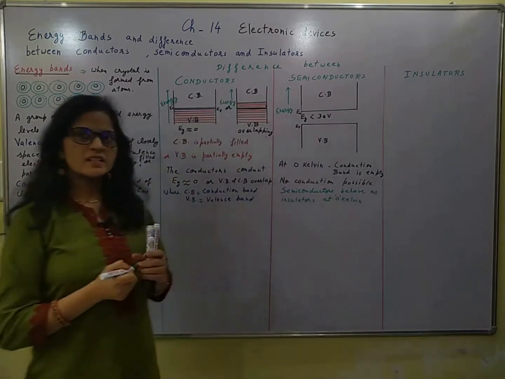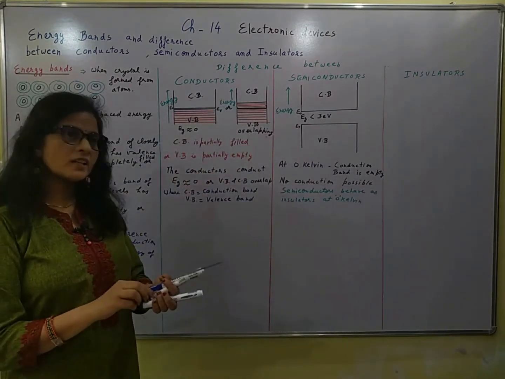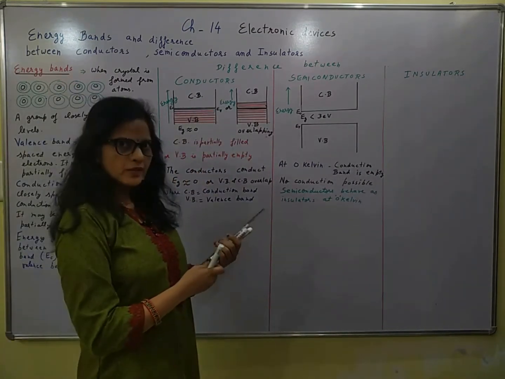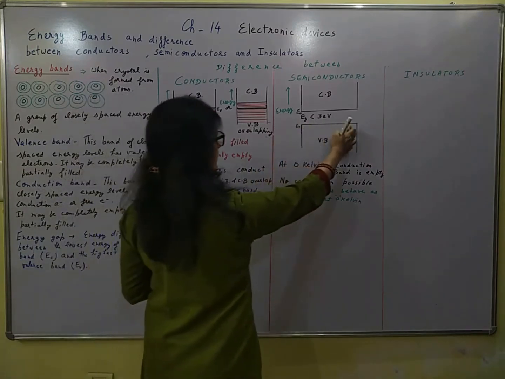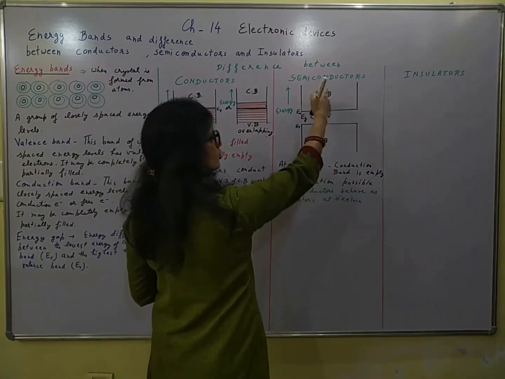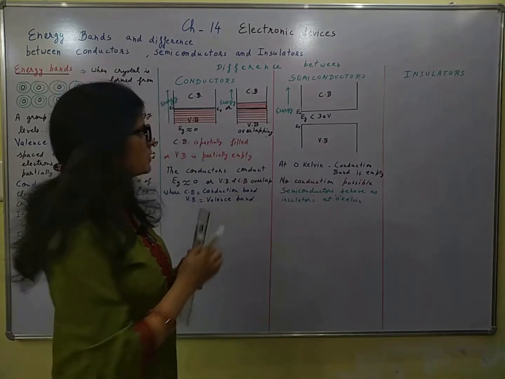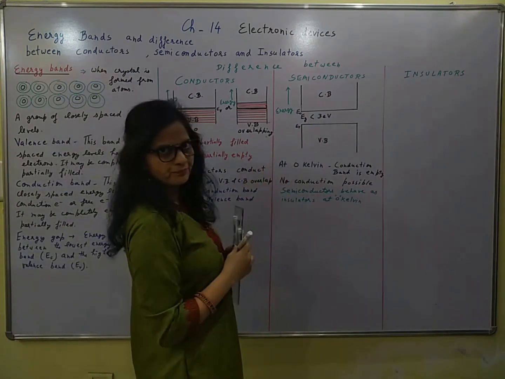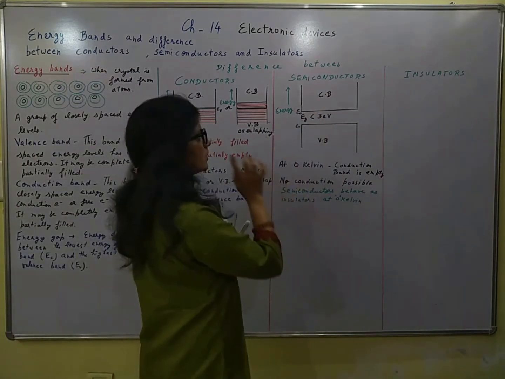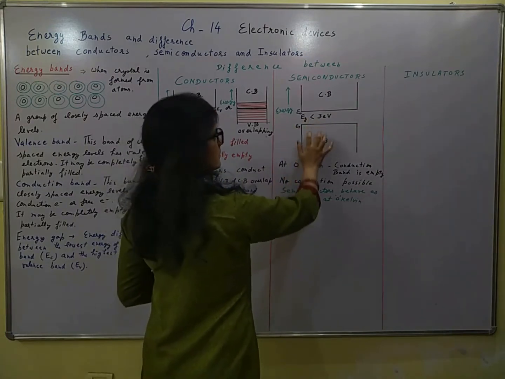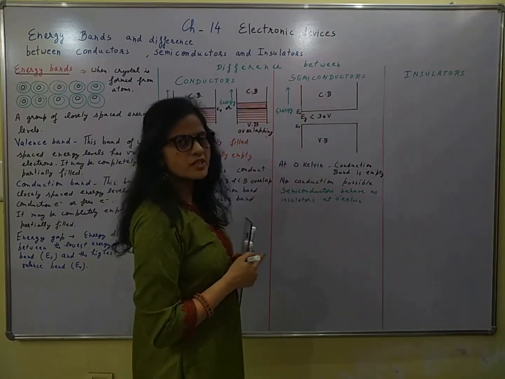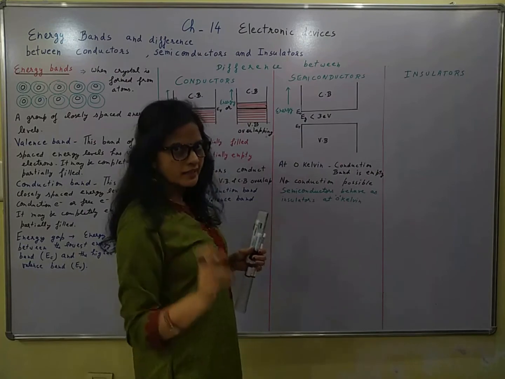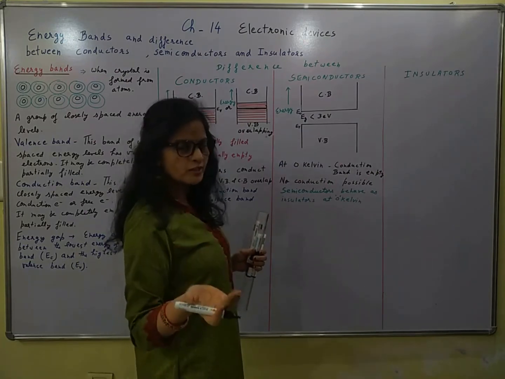But as the temperature rises, or you can say even at room temperature, some electrons in the valence band may get sufficient energy to reach the conduction band to overcome this energy gap, right? So at that time, even at room temperature, the semiconductors can conduct because they gain enough energy due to the heat, or you can say due to the temperature.